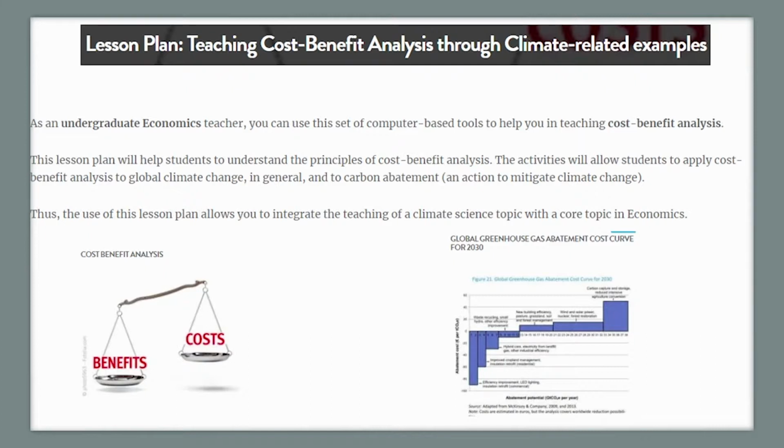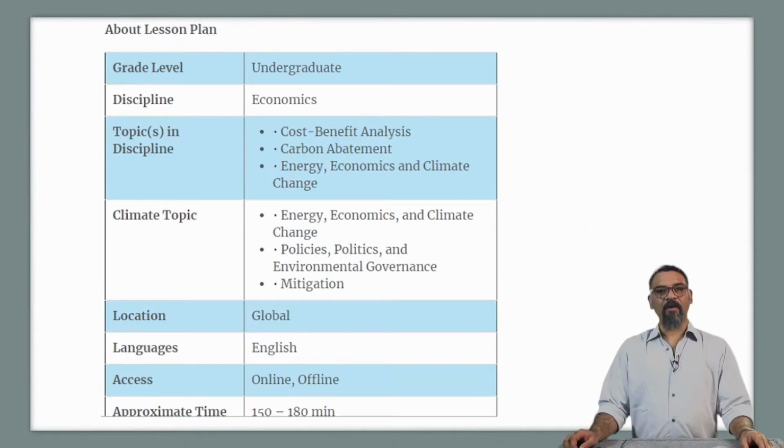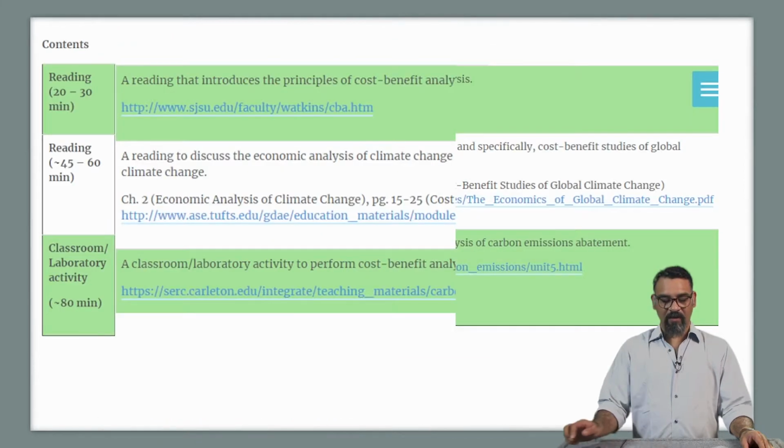The activities shown in this lesson plan will allow your students to apply cost-benefit analysis to global climate change and to carbon abatement, which is an action to mitigate climate change. So, if you are teaching cost-benefit analysis, carbon abatement, or energy economics and climate change, we invite you to take a closer look at this lesson plan.